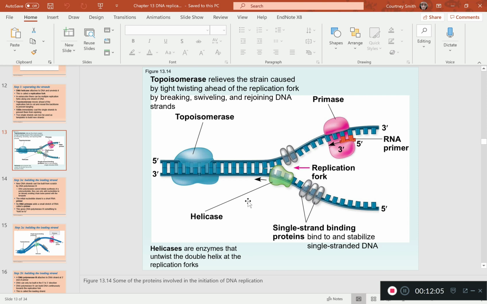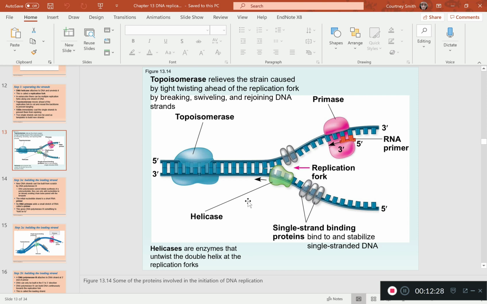And then we also have primase. Primase specifically will add that RNA primer to the DNA. That is the initial point of DNA replication, where later on DNA polymerase will come in and start replicating. And then we have helicase. Helicase is a specific enzyme that will untwist our DNA.